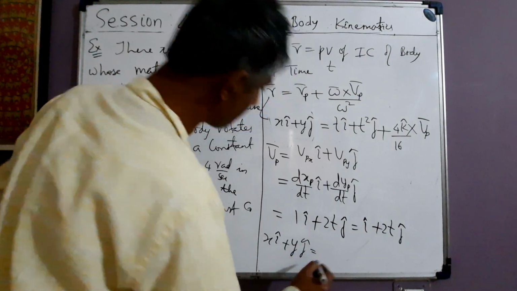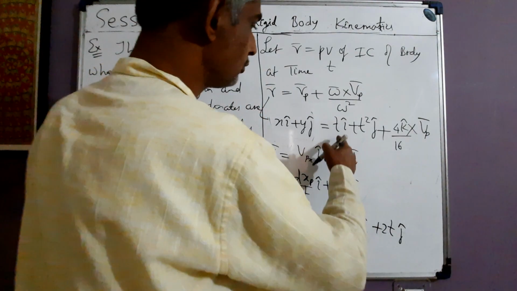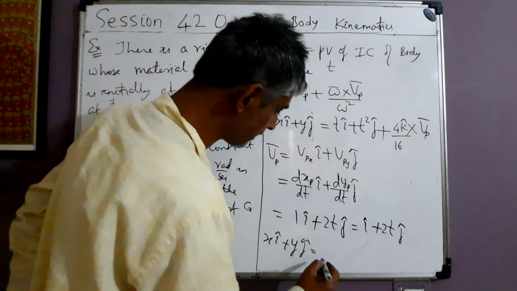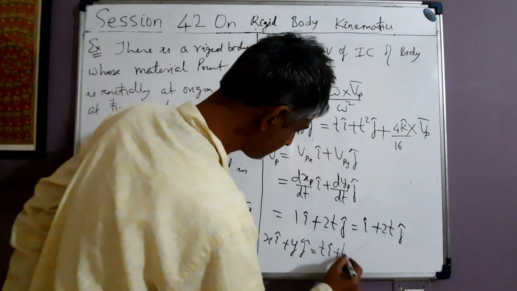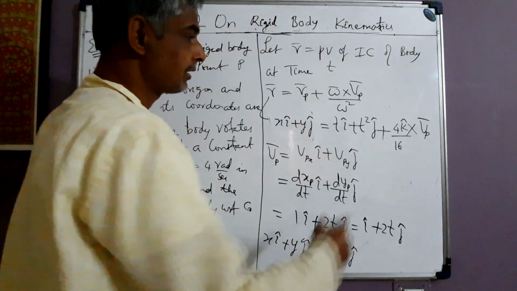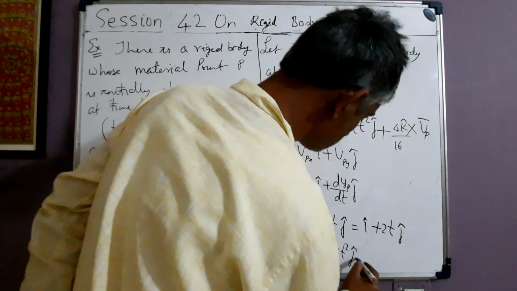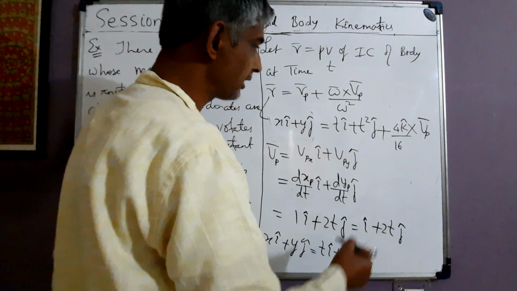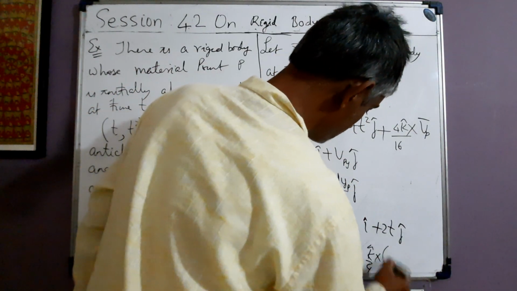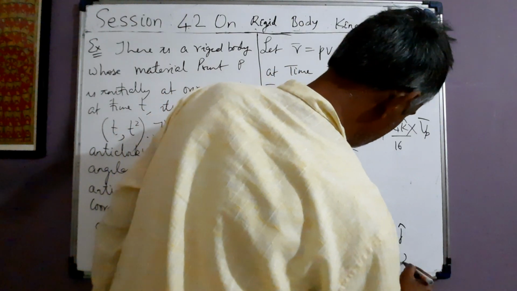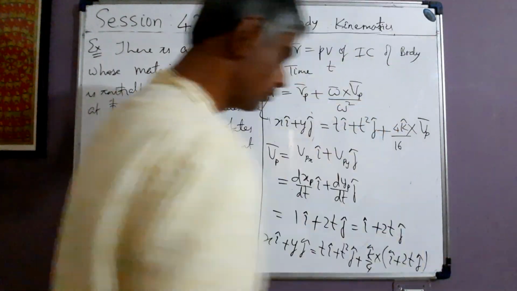So x i hat plus y j hat is equal to t i plus t square j plus 4 k cross Vp by 16, so 1 by 4 remains. K cross Vp, where Vp becomes i hat plus 2t j hat.